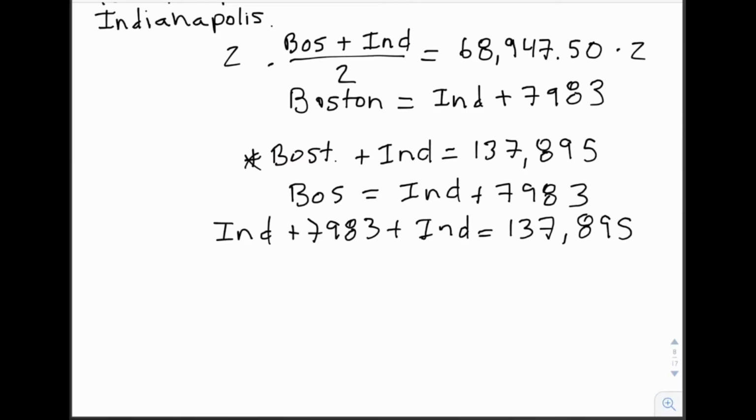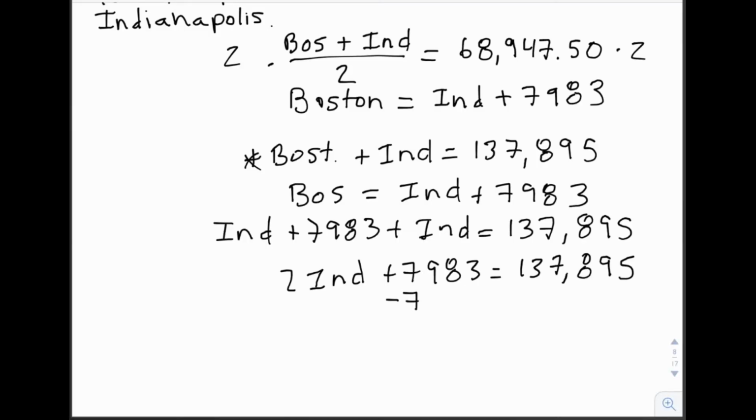So that leaves us with 2 Indianapolis plus 7983 equal to 137,895. And we can subtract this dollar amount over. So let's subtract that.